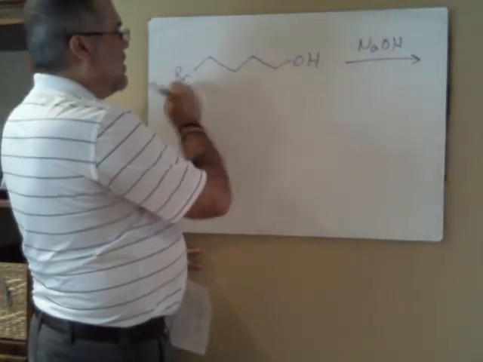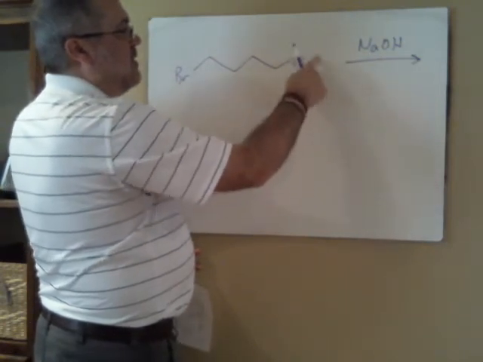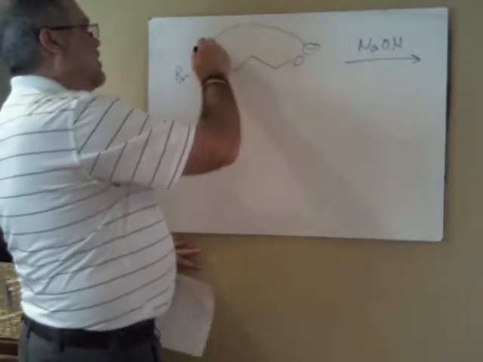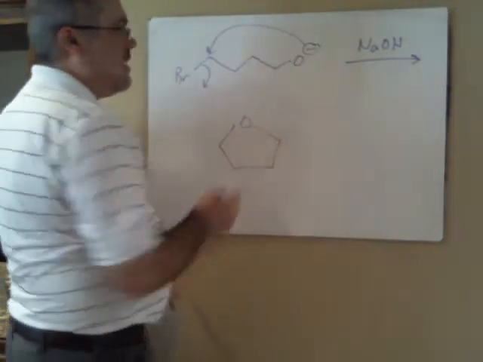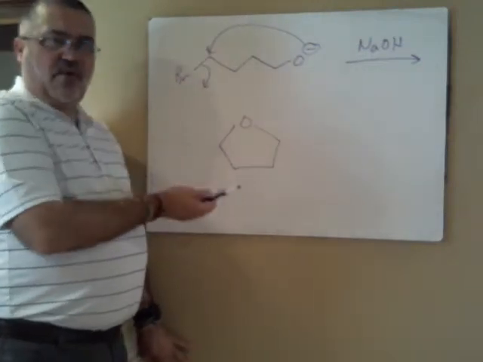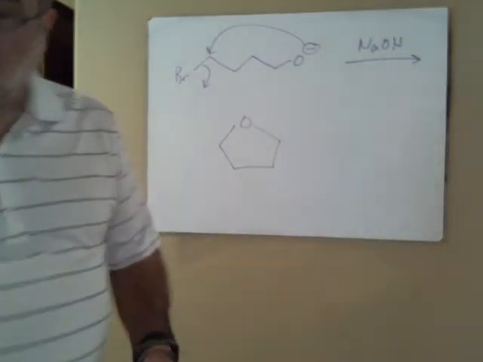Here, they can be on either end of this molecule. Treat that with base. It's going to form that alkoxide, which then can close in. You have your leaving group, and you form your cyclic ether. So we can use the same reaction to form cyclic ethers, the same as forming epoxides.